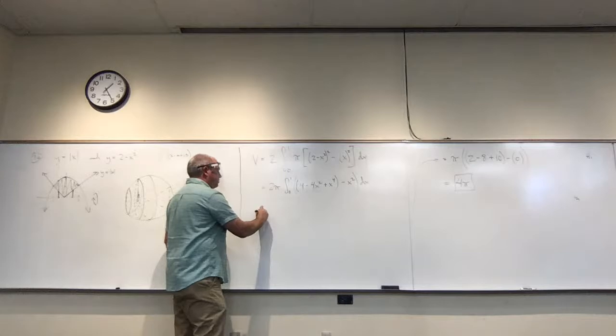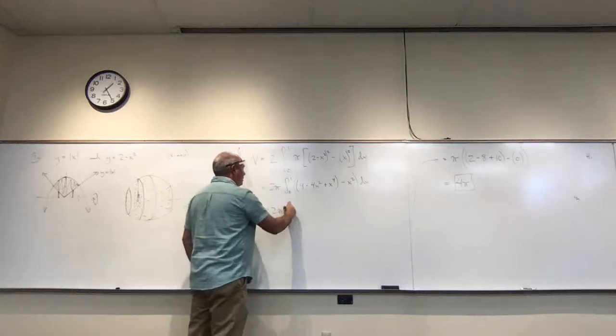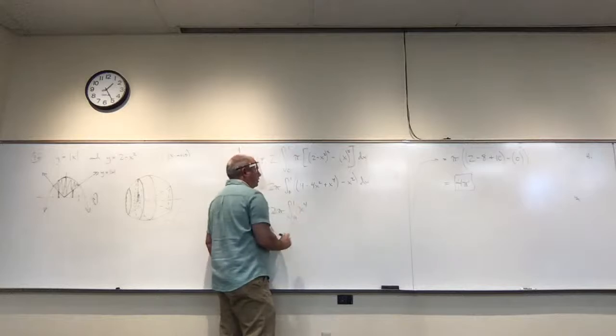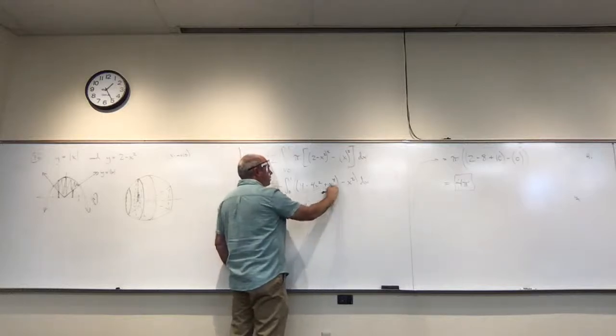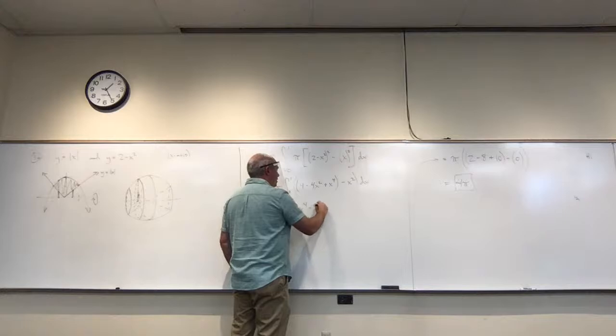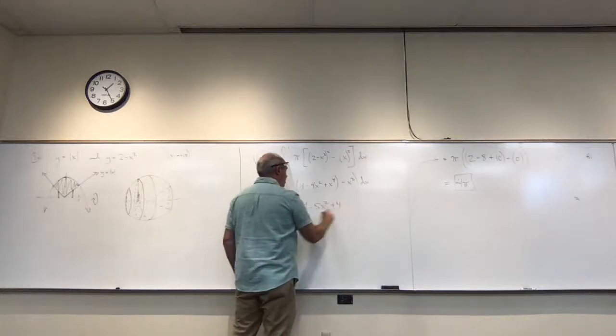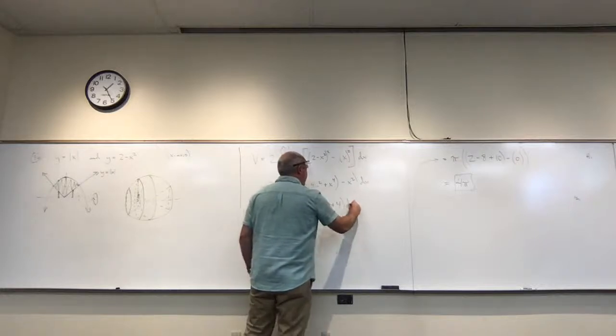So I'll simplify it just one more time. I get 2 pi, integral from 0 to 1, x to the fourth. I have a negative 4x squared minus x squared, which is minus 5x squared. And then I have plus 4, all of that dx.